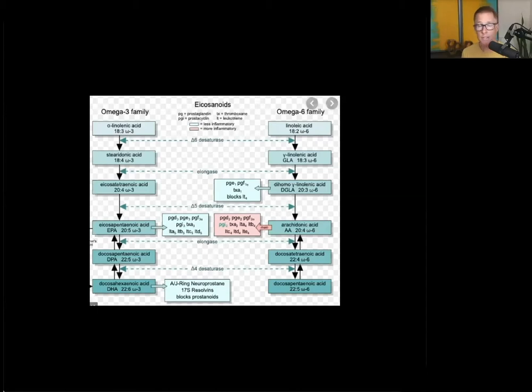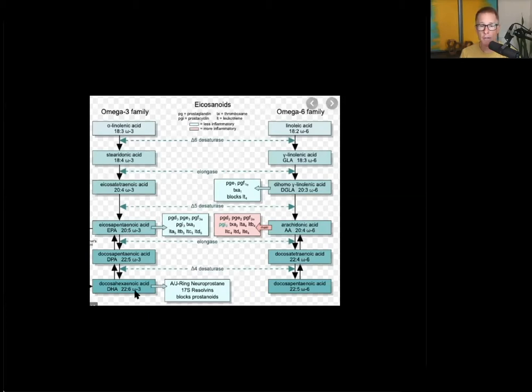So diets high in total fat, diets high in saturated fat, they end up utilizing and occupying all the activity of desaturase enzymes. So the more fat you consume, the less fat you can convert into essential fats. So when someone talks about not being able to make flax oil into DHA or EPA, for example, that's more of a problem on higher fat diets. So lower fat diets, the body can convert that more readily.